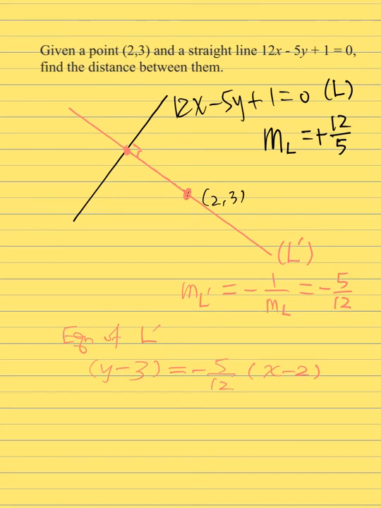Okay, simplifying, 12y minus 36 equals negative 5x plus 10, which is 5x plus 12y minus 46 equals 0.